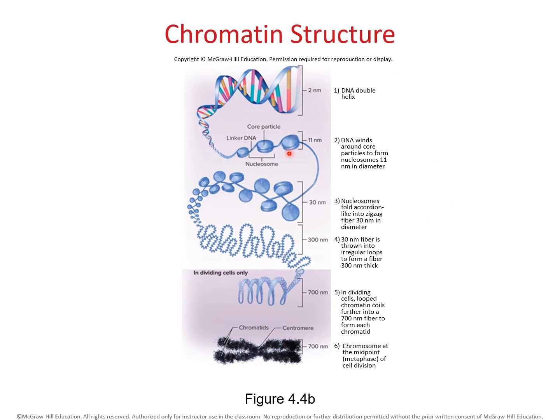Here's some detail about chromatin structure. This is a really good slide. I love this slide because it is step by step telling you how we're going to condense this DNA molecule. So let's start at the top. First, you have your DNA double helix molecule. You can clearly see that here at the top.